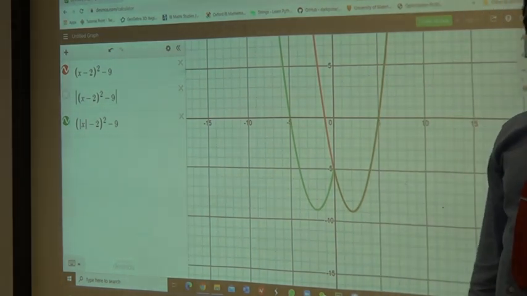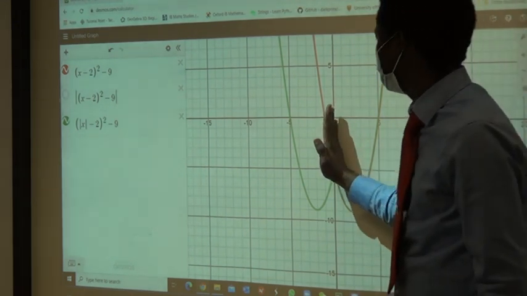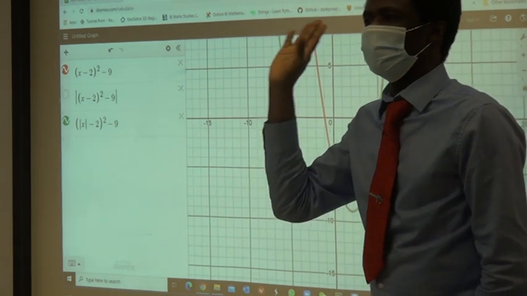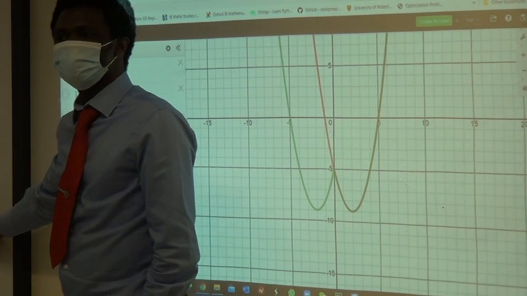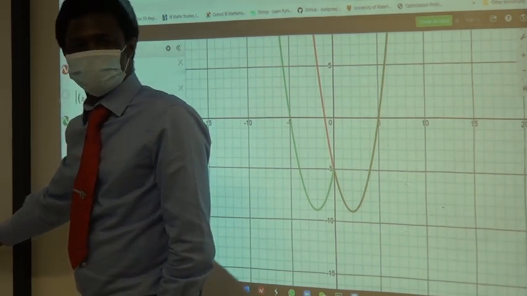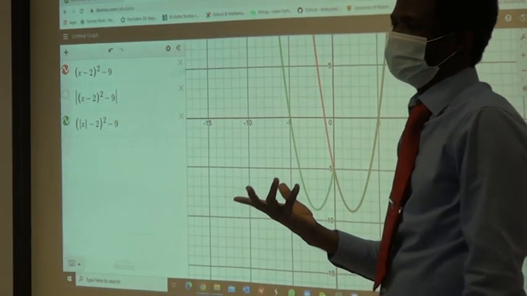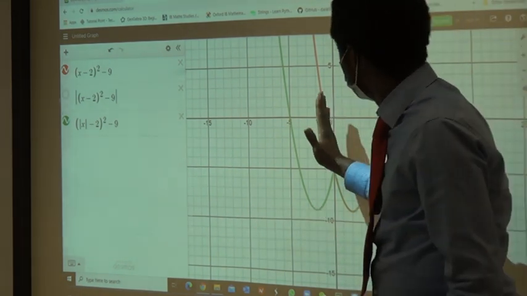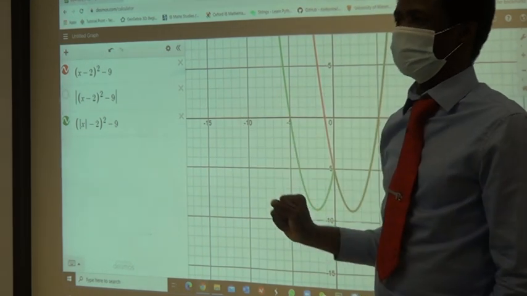Up to here means you only consider x greater than 0. You don't let your x be negative, so your negative x doesn't really have a say. So anything from x equals 0, there's a reflection on the other side.